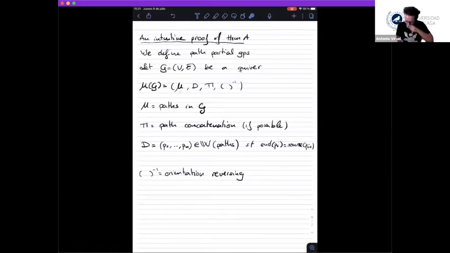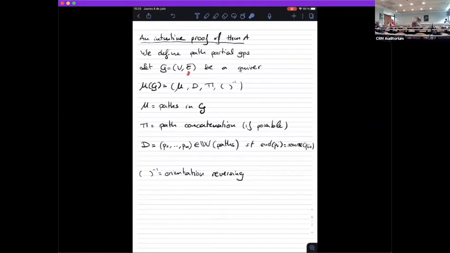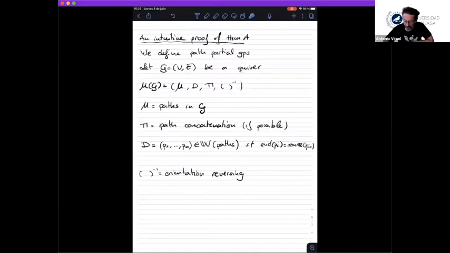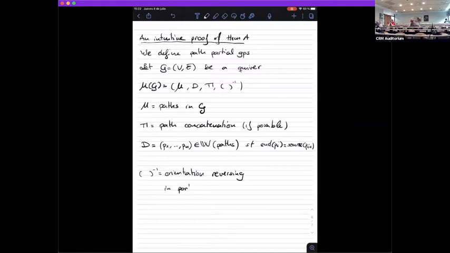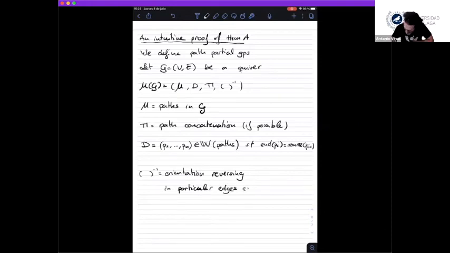So essentially, if I must have orientation reversing in every path, I should have orientation reversing in edges, right? If I have orientation reversing in edges, it means that every edge is bi-oriented. So essentially, this is not a quiver; it has to be a graph, right? Edges can be reversed. So then G is a graph.